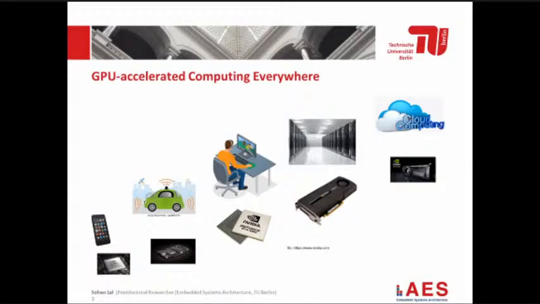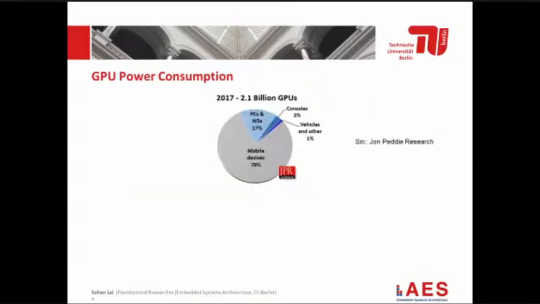So if GPUs are so good and present everywhere, then what are their problems? What are their challenges? Let's have a look at the power consumption of GPUs. The figure shows the number of GPUs sold in 2017. In 2017, 2.1 billion GPUs were sold, and out of that, 17% were the GPUs in our PCs, personal computers, and our workstations.